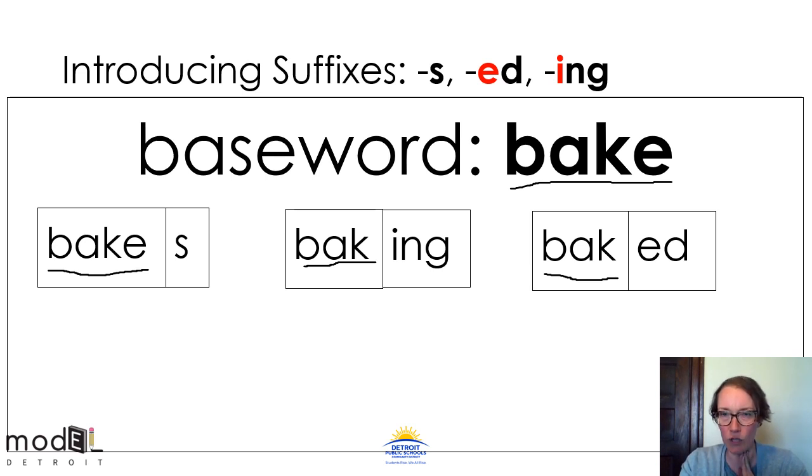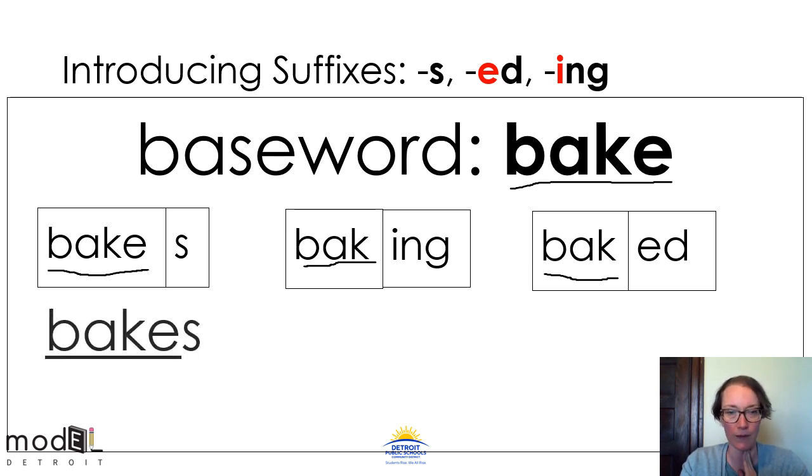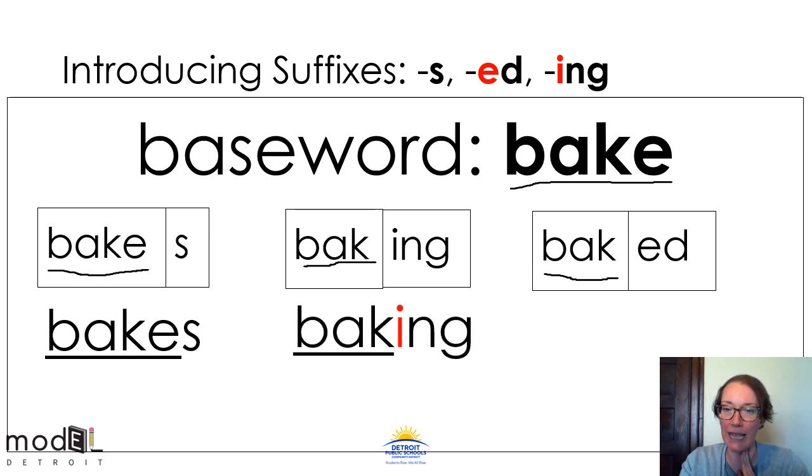Let's take a closer look at the base word and suffixes to see if we can figure out why the magic E seems to be disappearing. If I look at the word bakes, I see that the suffix is an S. An S is a consonant. Okay. Well, if I look at baking, look at the first letter of the suffix.